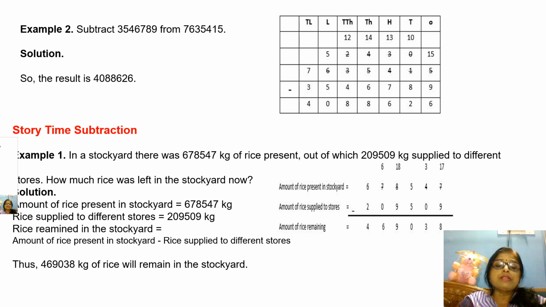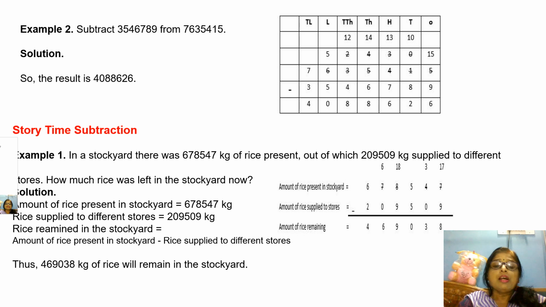Now, how much rice was left in the stockyard? In the first stockyard, this amount of rice was present, and this amount of rice was supplied to different stores. You have to find out the rice left in the first stockyard.